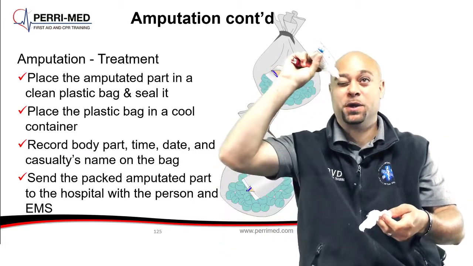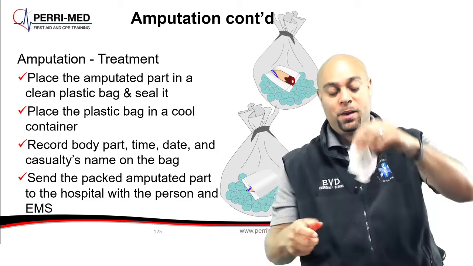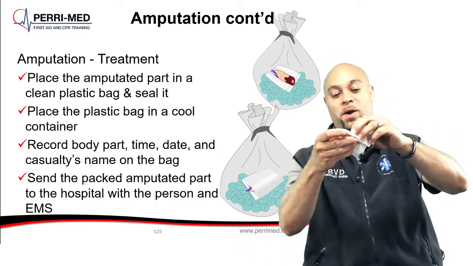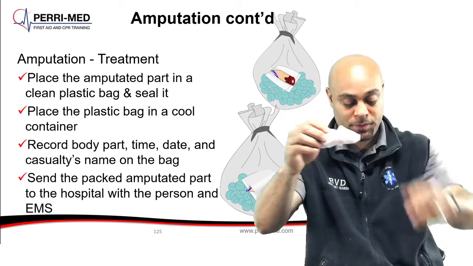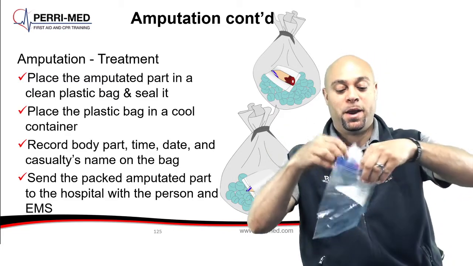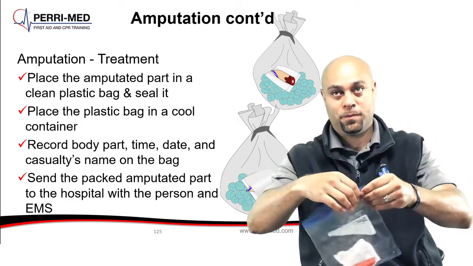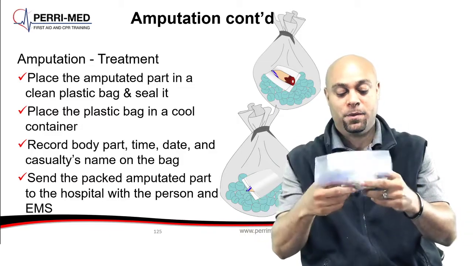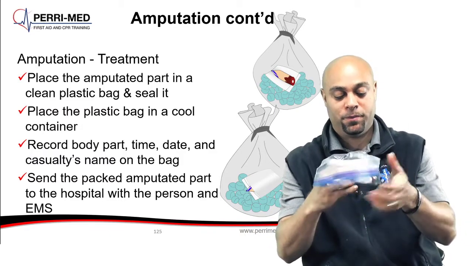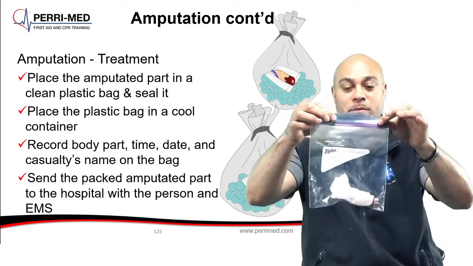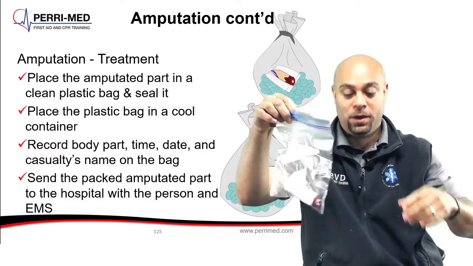This is what you'd use to wash out someone's eye. So we're going to take that, we're going to wrap the finger in a moist dressing. We're going to put it into a bag. All right, going to wrap it up in there. Okay, so the finger is wrapped up now in a gauze.